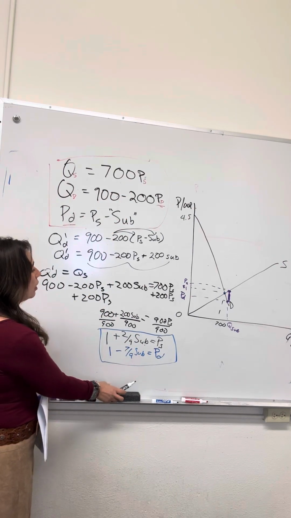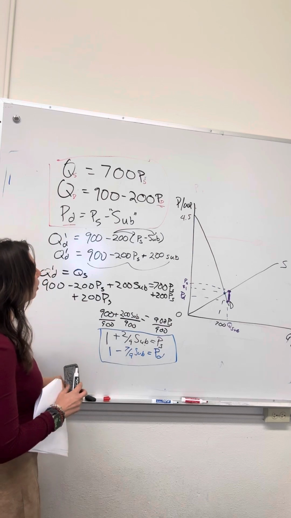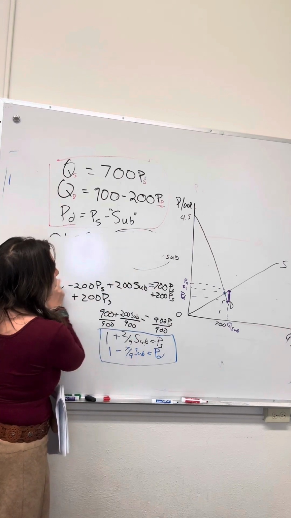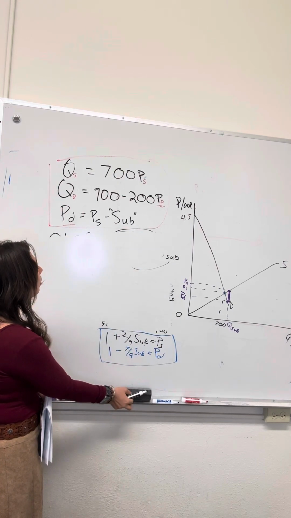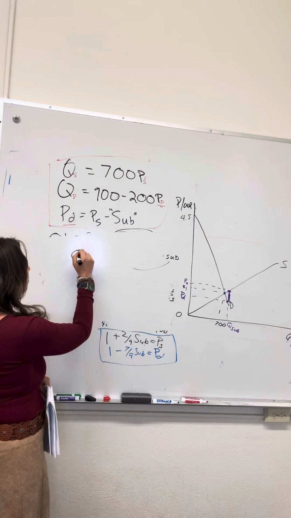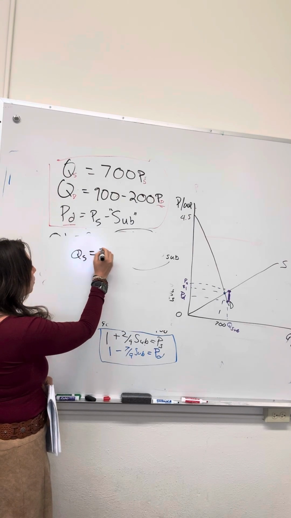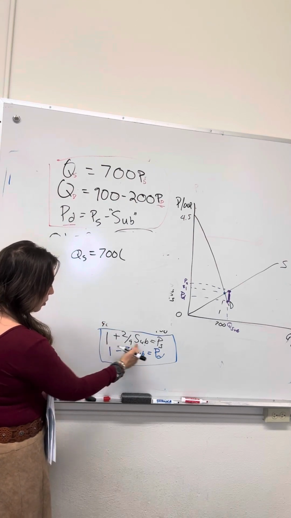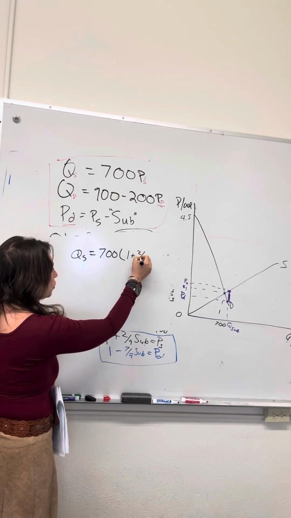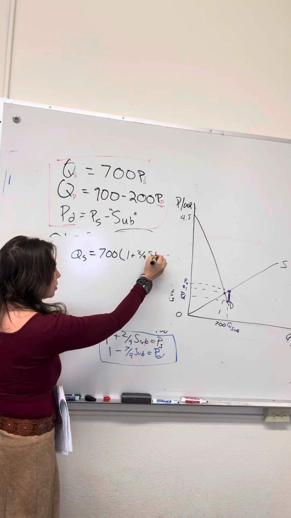It looks a lot easier to plug PS into supply. I just can't mix them up. So QS is equal to 700 times 1 plus 2/9 times the subsidy.